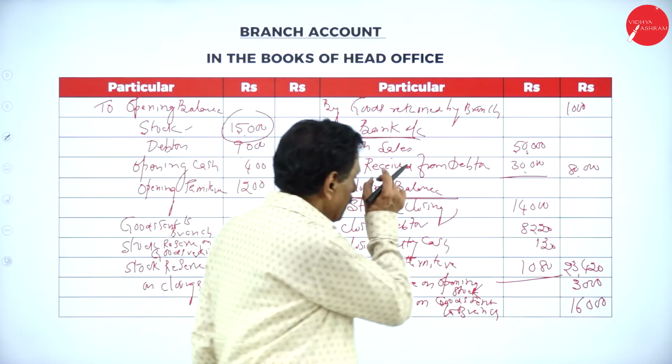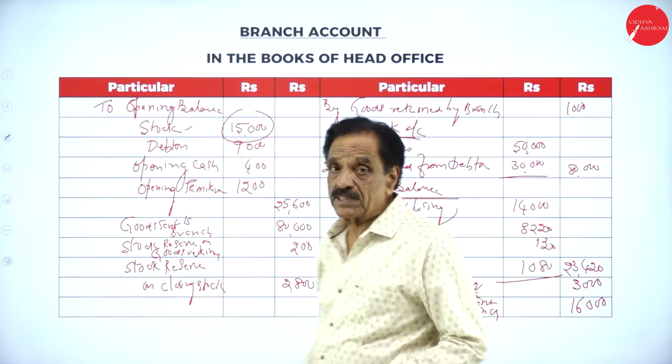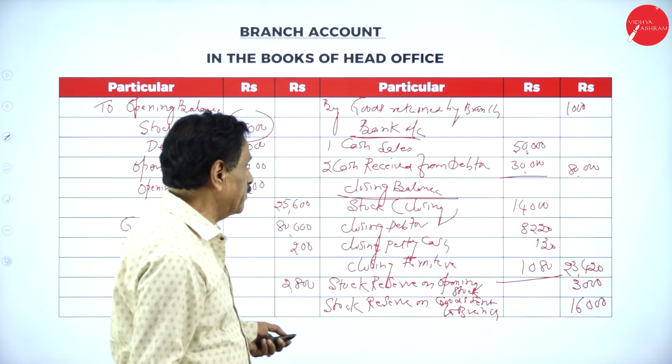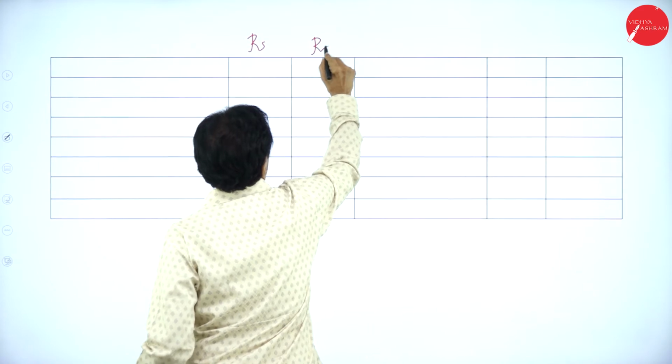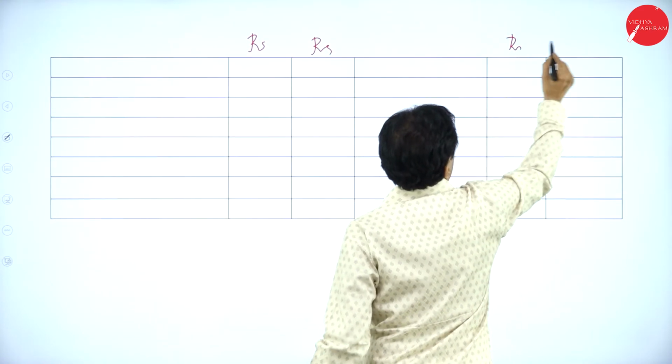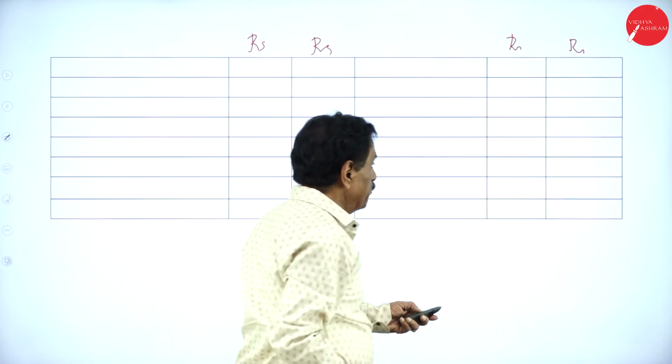Okay. Now you have to make the difference. There are no expenses given, so you have to make that now. This is in rupees. We'll make the total.